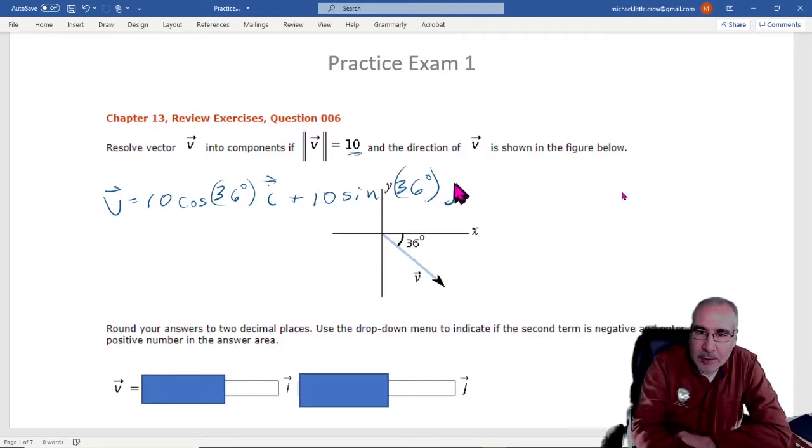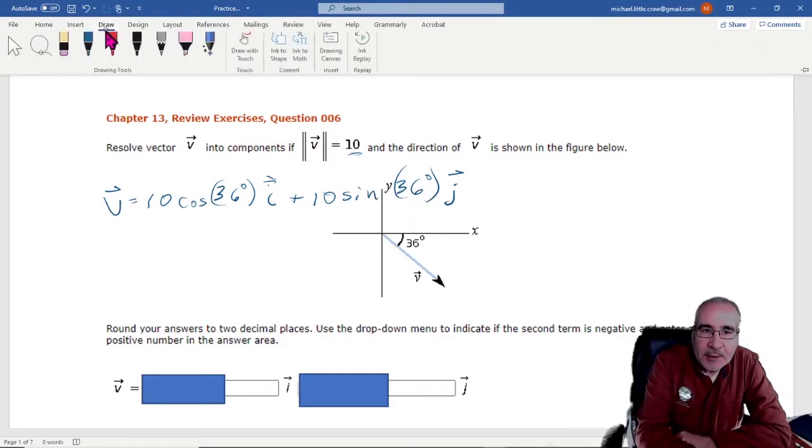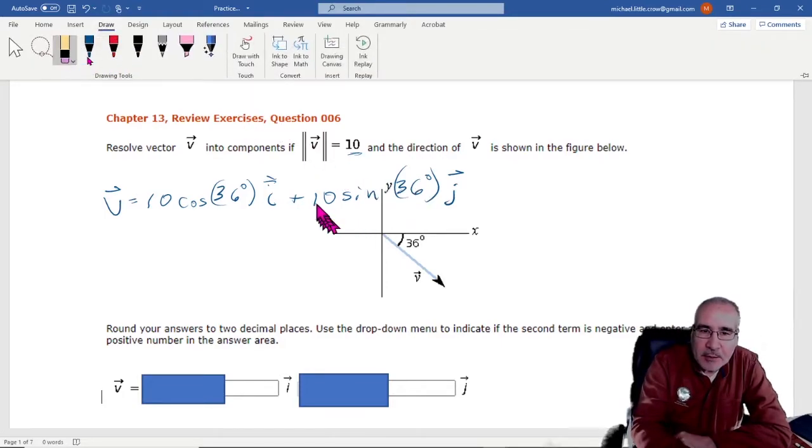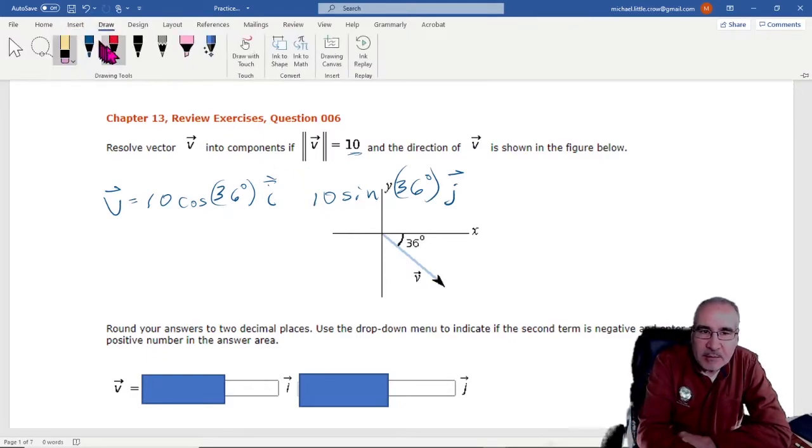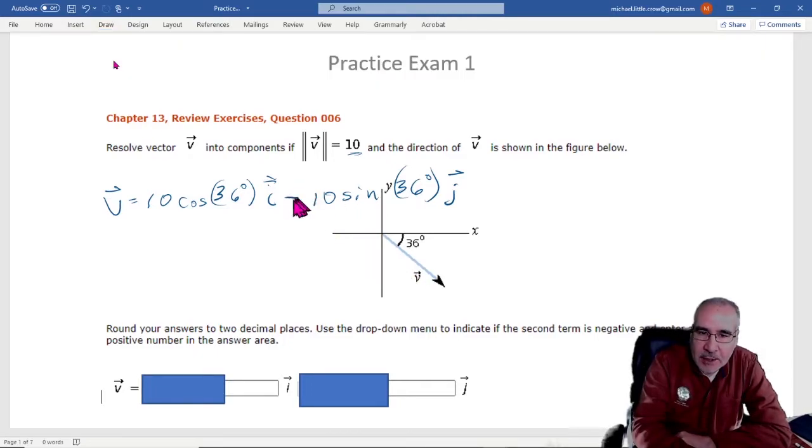That's the j component. Now I wrote this plus, but let's look at this picture. I shouldn't be too quick to just say it's always going to be plus. This is probably a good time to say, hey, I know this is going to be negative. Now we just put this in our calculator and we'll get our values.